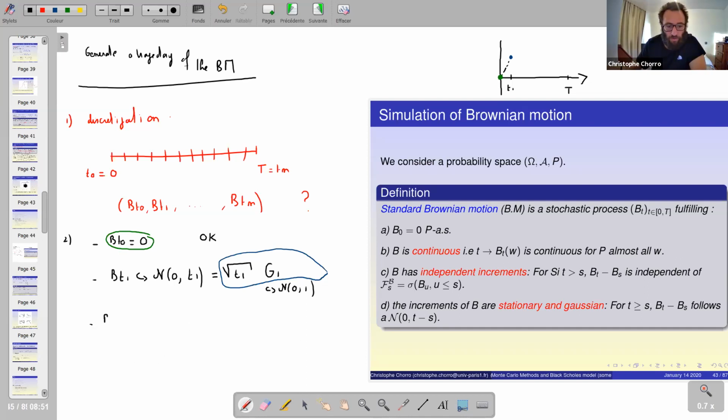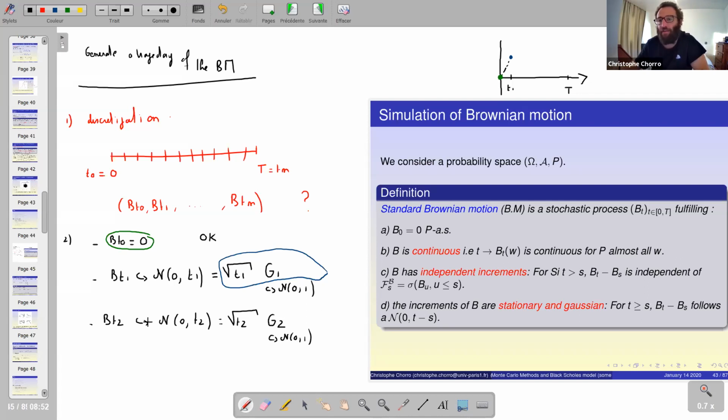Let's continue. For B of T2, I can say exactly the same. So is it possible to do the same as I have done previously? That is, previously I generated G1 in order to obtain this point. So if I generate G2 here, is it possible to obtain B of T2?